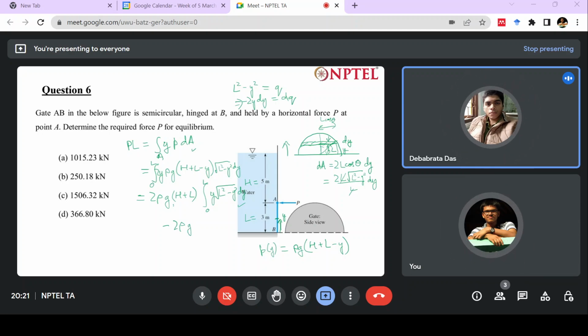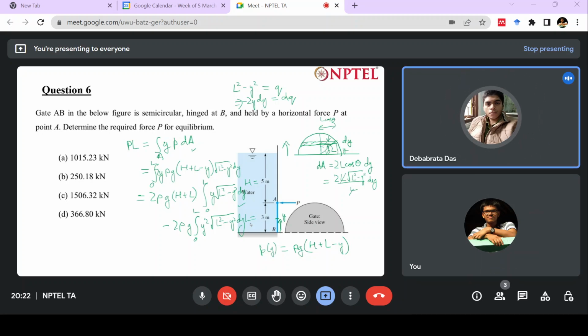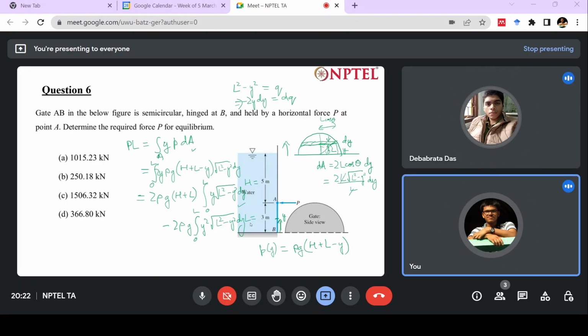And again you will have another integral here, minus 2 rho g, integration of y square root over L square minus y square. How to solve this equation? How to calculate this integral?